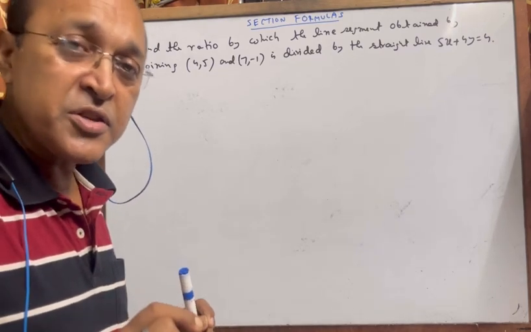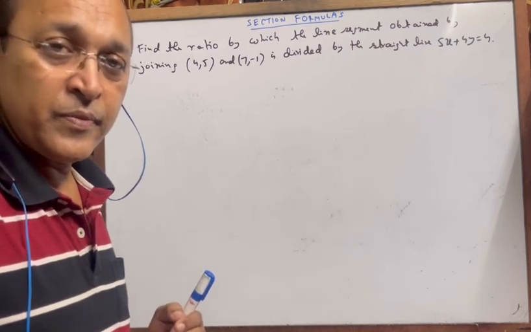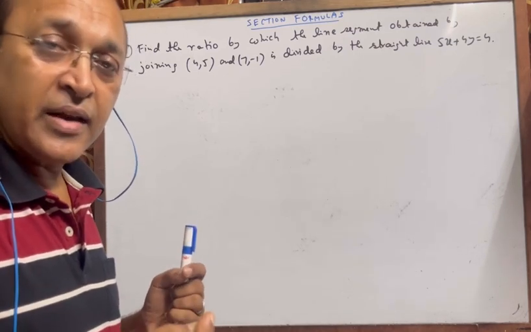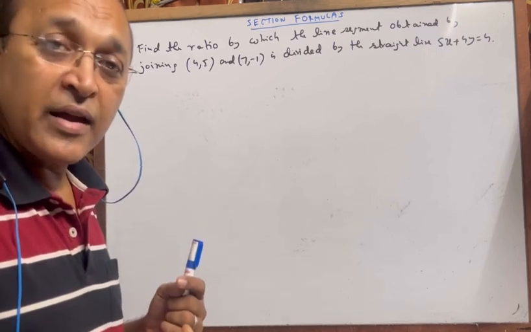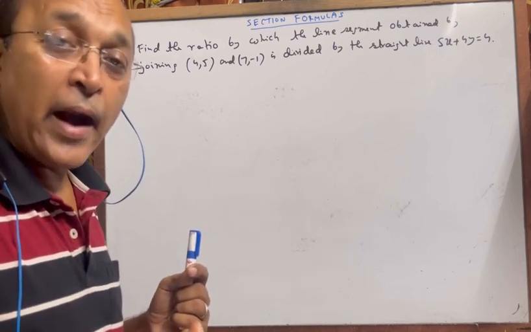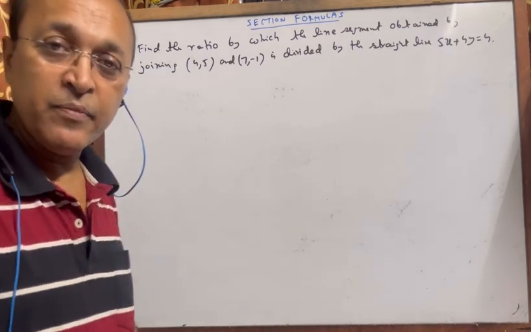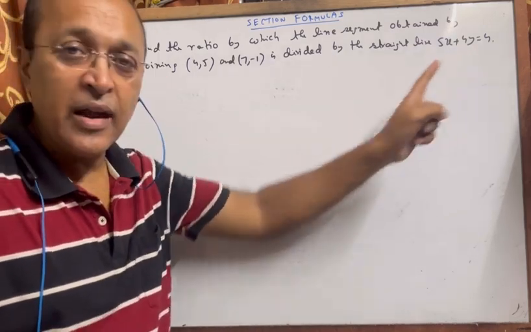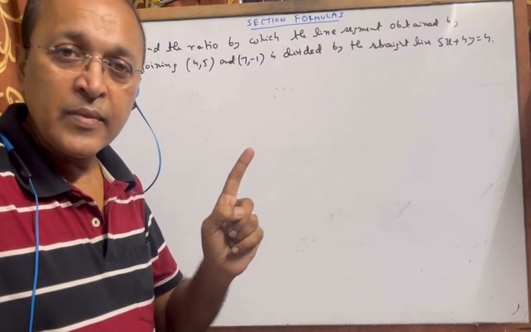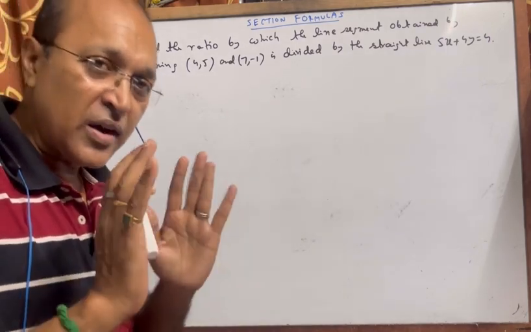It is being asked here by what ratio any straight line can be intersected. What straight line? Whose two terminal points are (4, 5) and (7, -1). And through that point, this particular straight line is going through. Right? Try to understand.